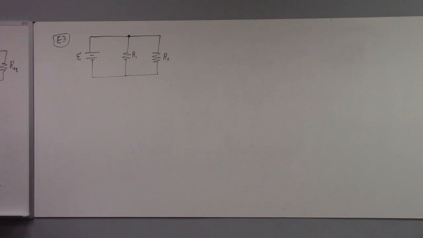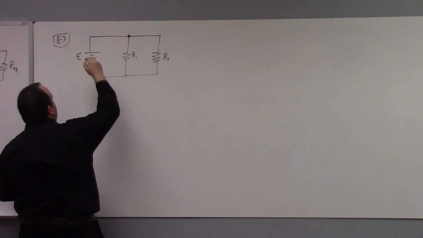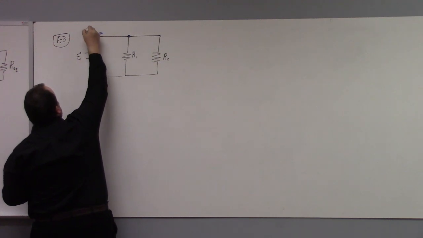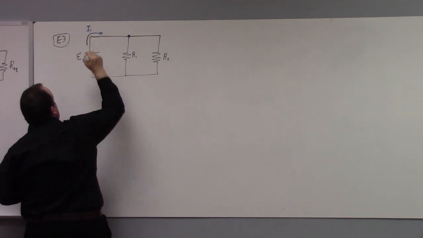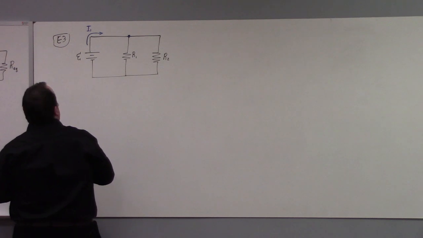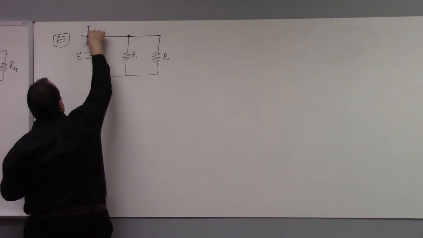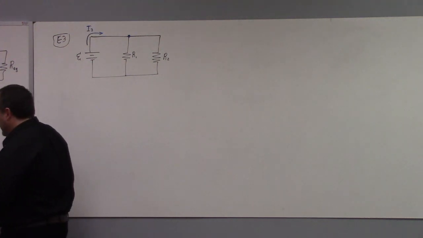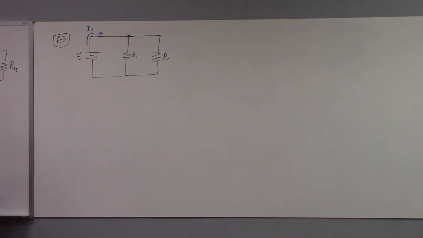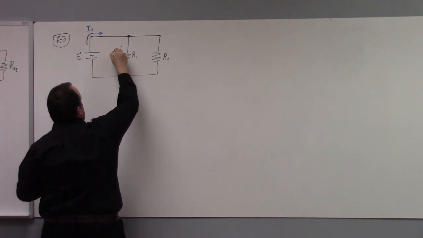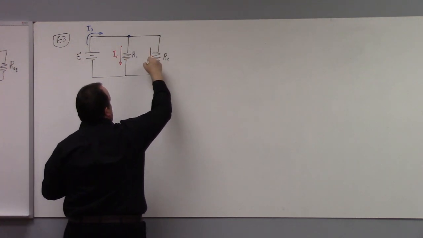So it serves us to denote some currents. Like here, I'll call this I1. Actually, let me just call that I3, weirdly enough. Because it occurs to me, I'd like to say that the current going through this one is I1, and the current going through here is I2.